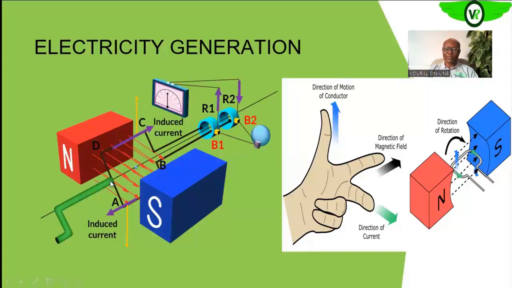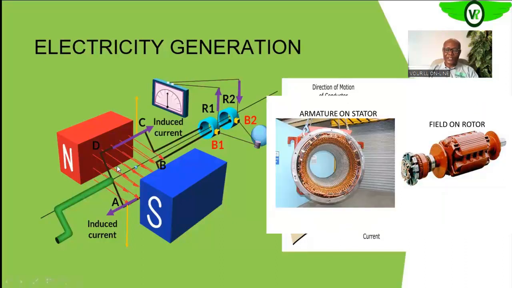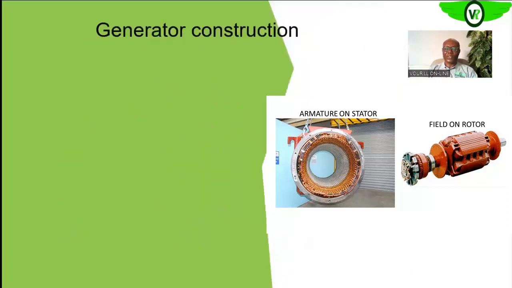That provides the rotating mechanical energy that creates the relative motion between the conductor, which is the armature, and the magnetic field produced by the main field winding of your generator.